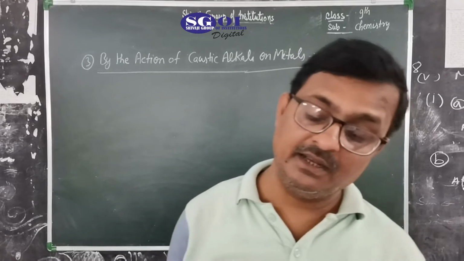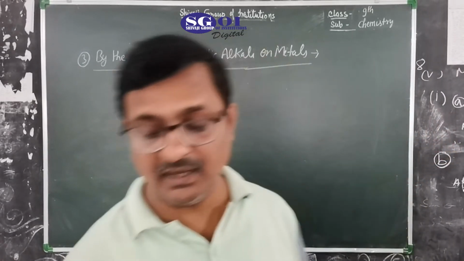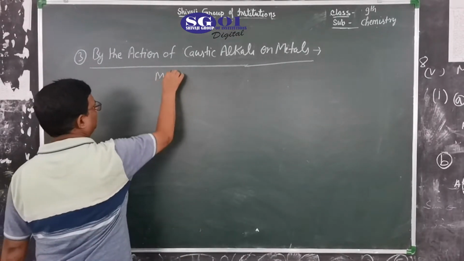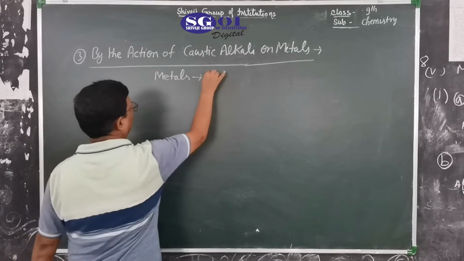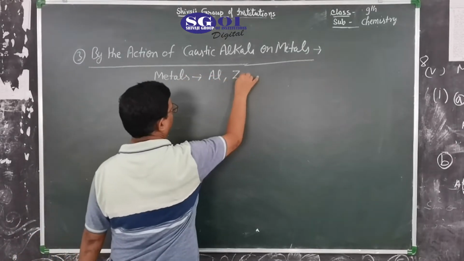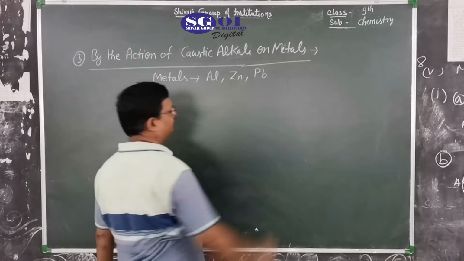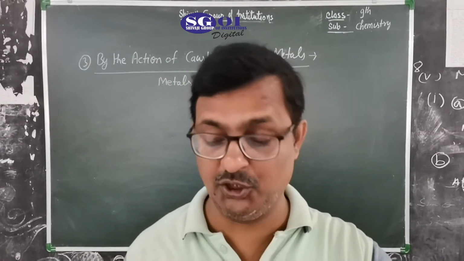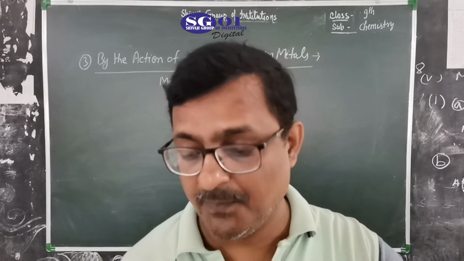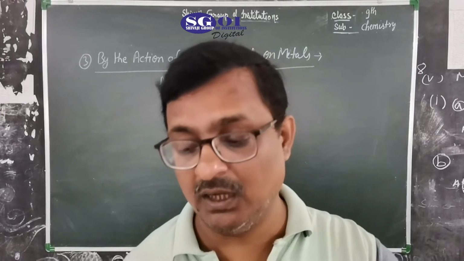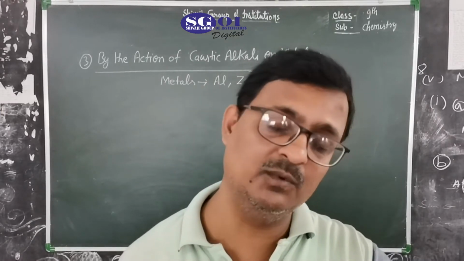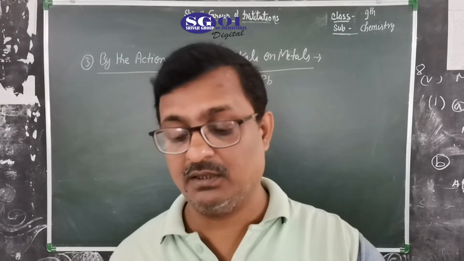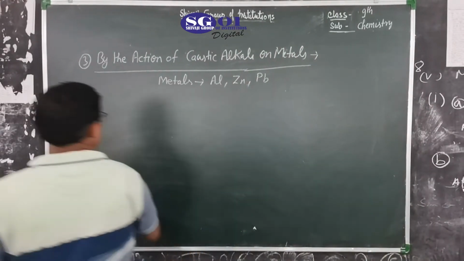So here we take metals like aluminium, zinc and lead, which react with alkali like NaOH or KOH upon boiling to evolve hydrogen gas with the formation of a metal salt.